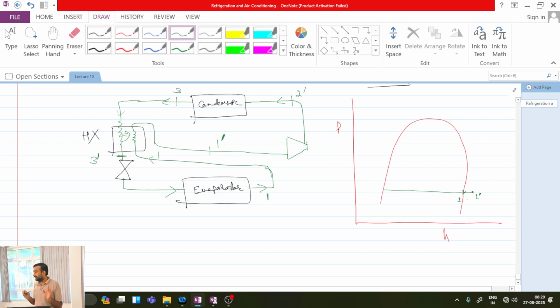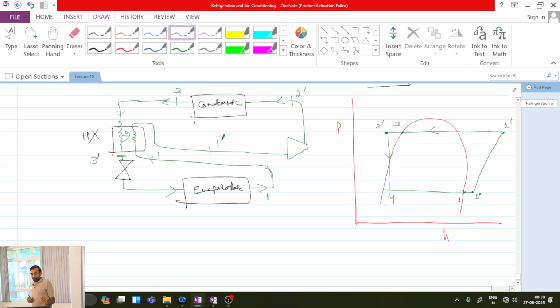In the heat exchanger. Then from 1 dash to 2 dash is work, then 2 dash to 3 is taking place in the condenser, and from 3 to 3 dash is in the heat exchanger, and then of course we have the expansion device.